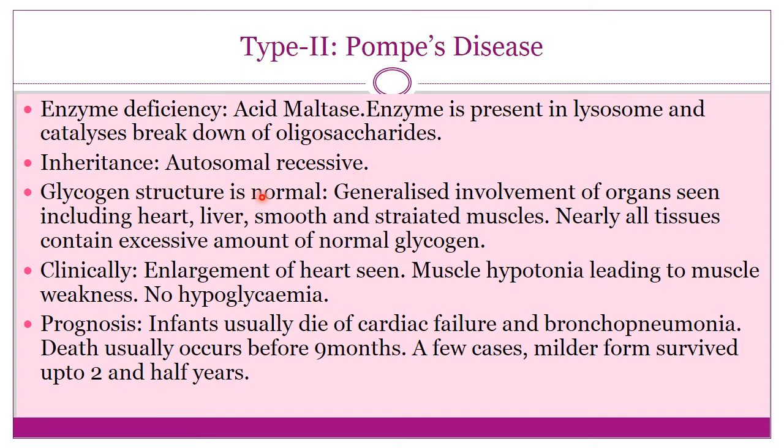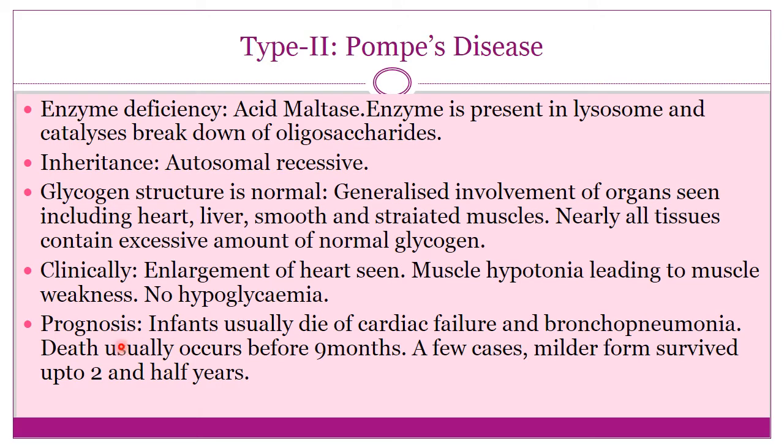Here glycogen structure is normal, but generalized involvement of organs is seen, that is heart, liver, smooth and striated muscles. Nearly all tissues contain an excessive amount of normal glycogen. Clinically we see enlargement of the heart, and muscle hypotonia leading to muscle weakness. No hypoglycemia.